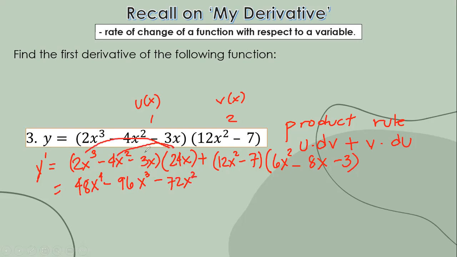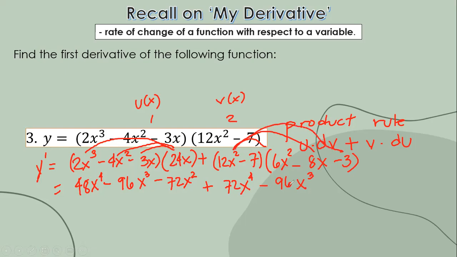Dinidistribute ko lang isa-isa yung 24x. And then, here naman, plus 5 times 6 is 72x to the fourth minus 96x cubed.